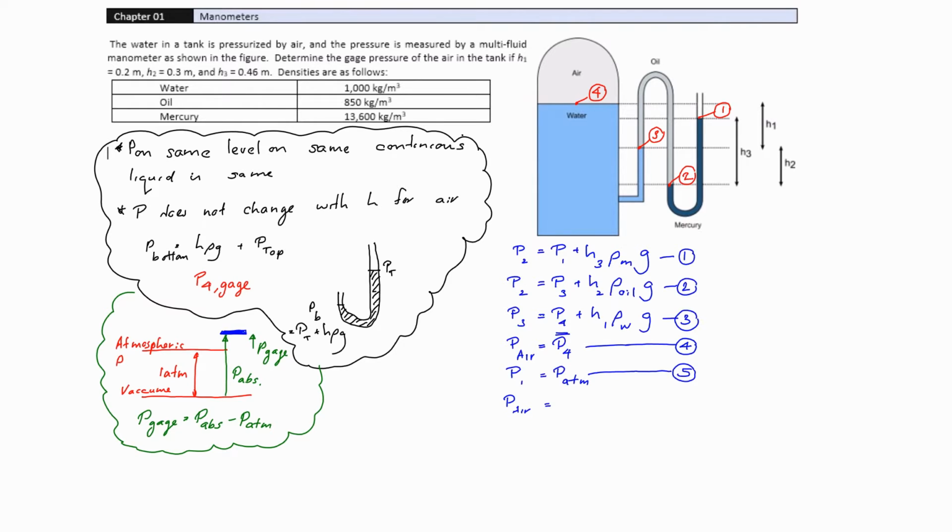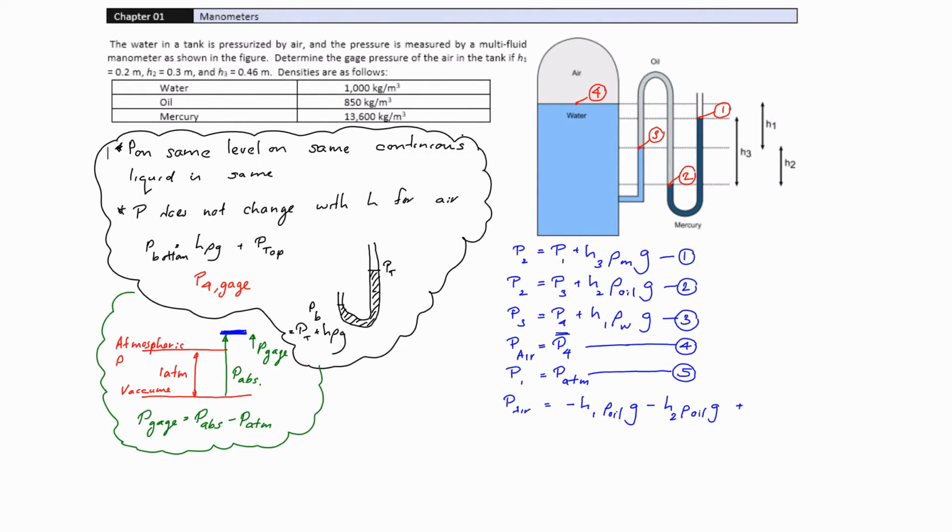We can write P4 is equal to minus H1 rho oil G plus P3. However, we don't need P3 in our solution. So instead of P3, we can write minus H2 rho oil G plus P2, that is from equation 2.